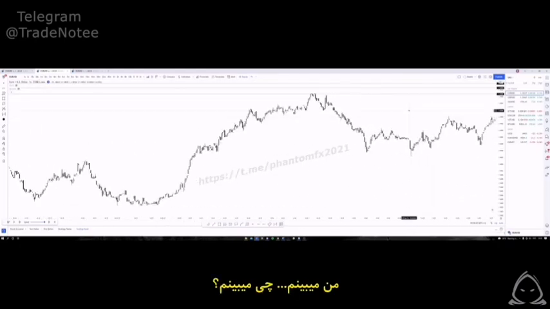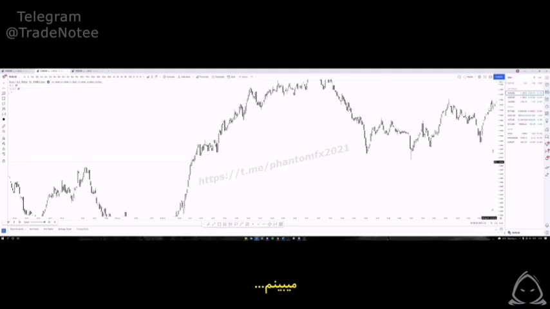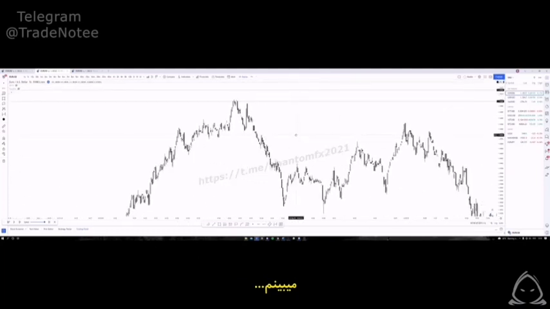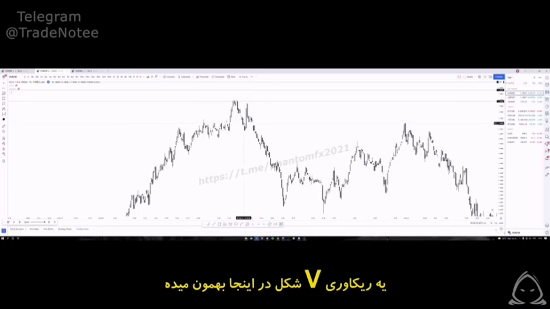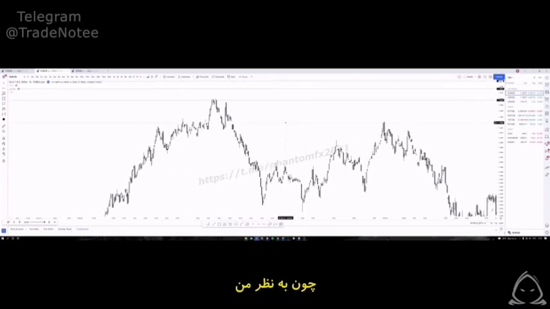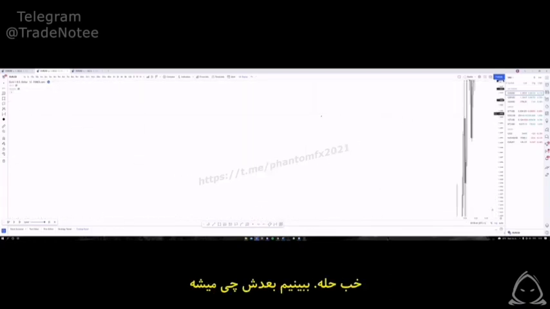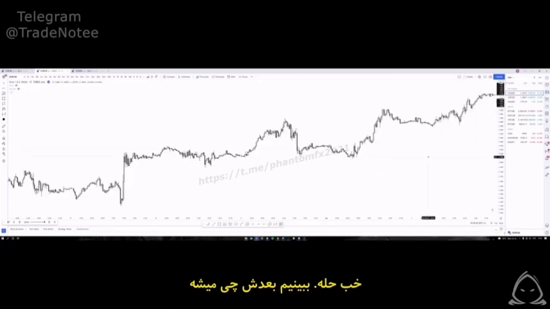What would I see here? I would see this reject, come down, respect the level of demand, and give us a V-shaped recovery here. So I'd either be looking for a retest of this, or I'd already be in, just off the V-shaped recovery, because it shouldn't come above this level. Cool, let's see what happens next time.